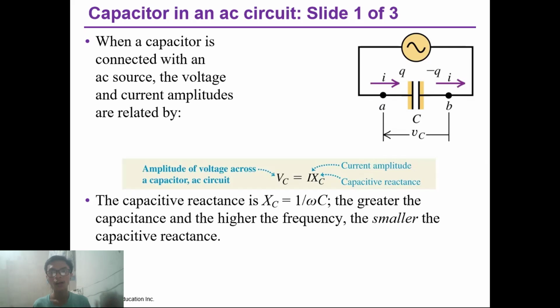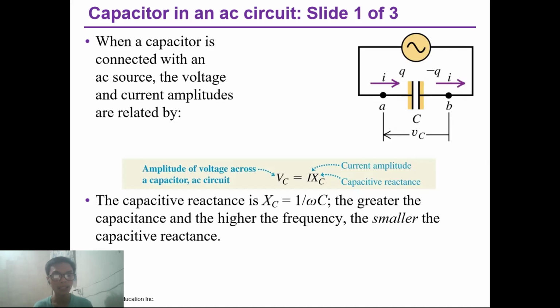V sub C refers to the amplitude of voltage across a capacitor in an alternating current circuit, and it is equal to the product of the current amplitude multiplied by the capacitive reactance, represented by X sub C. The capacitive reactance is equal to 1 over the product of the angular frequency times the capacitance.